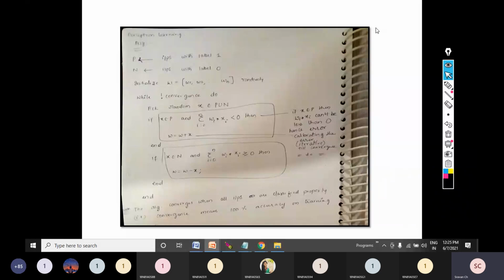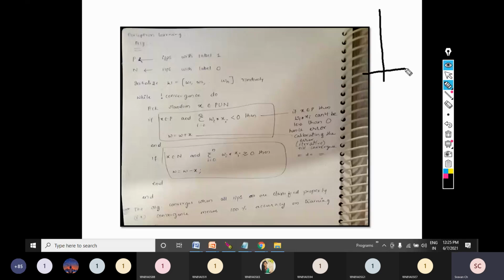This perceptron learning algorithm has been proved to work well, and it can even reach convergence, that is 100% accuracy, if the problems are linearly separable. So what do we mean by linearly separable? We have discussed it so many times in our class.